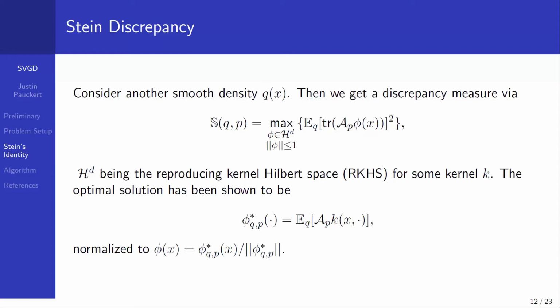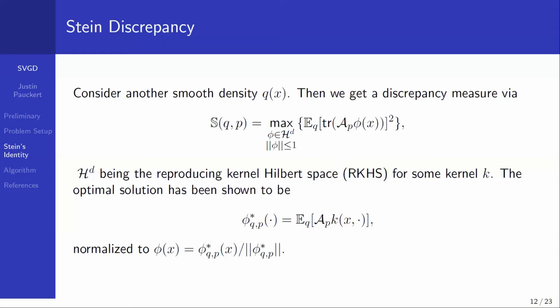This is sort of the cut of what we needed to do beforehand, before this function actually can come in later and save the day. But for now, the only thing you should keep in mind is this function right here is the argument that maximizes the Stein discrepancy measurement, which is also yet another discrepancy measurement of two distributions.